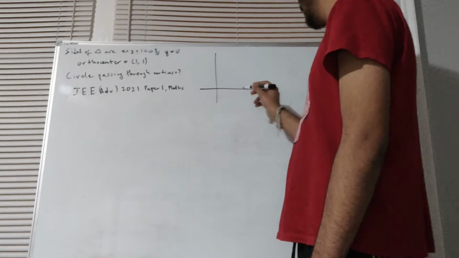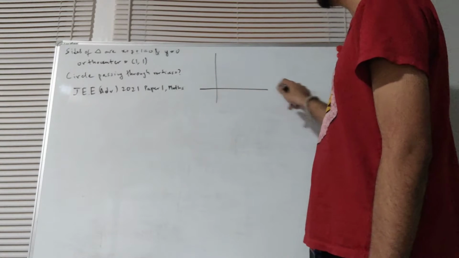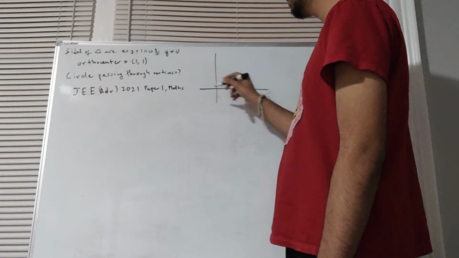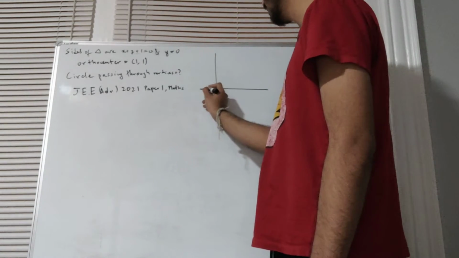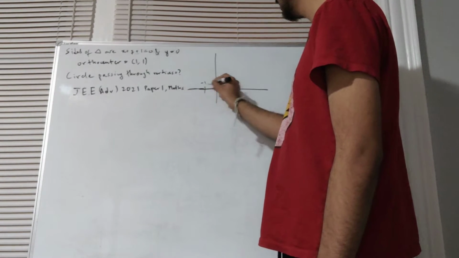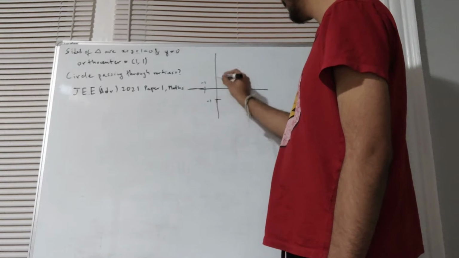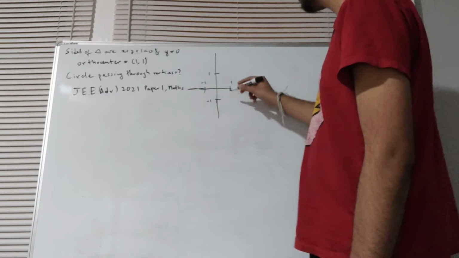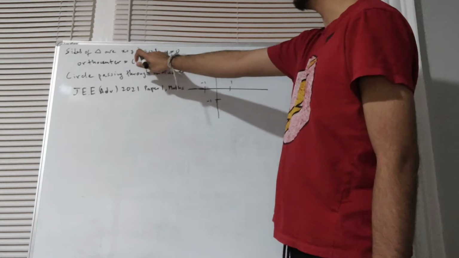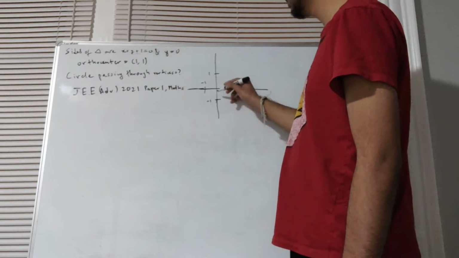So we know that y equals 0 is one of the sides. So x plus y plus 1 equal to 0, if we have to graph that, then when y is 0, x is minus 1, and when x is 0, y is minus 1.